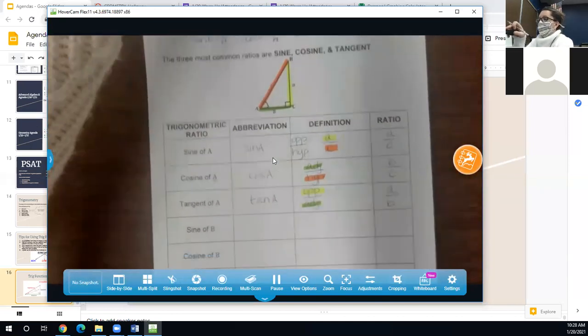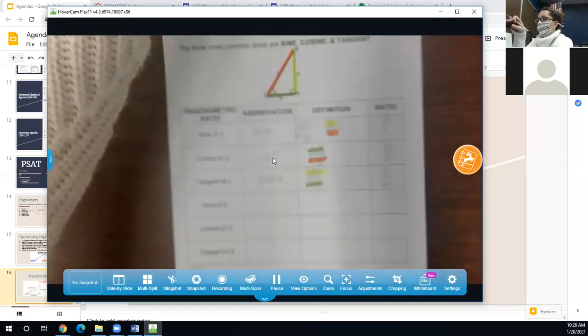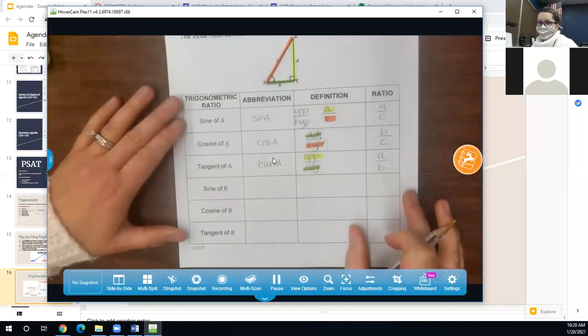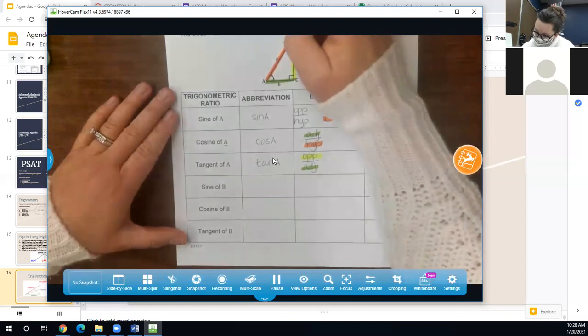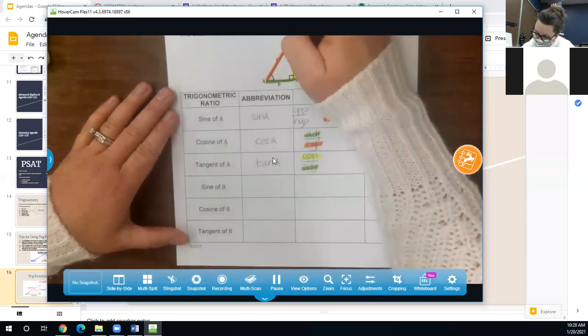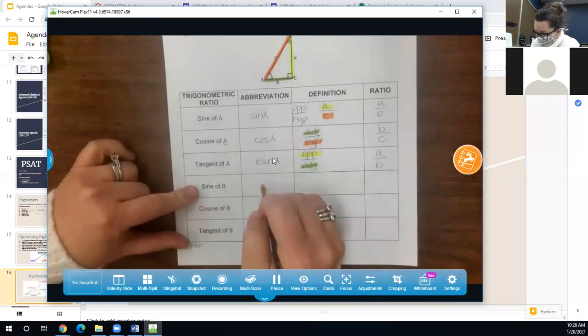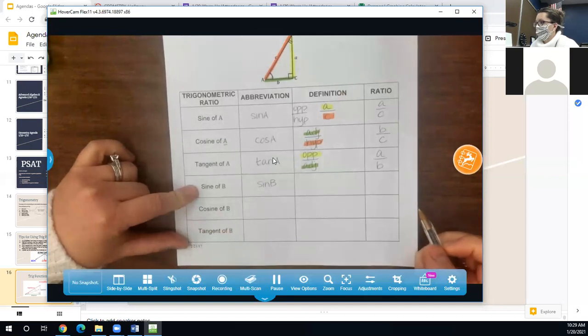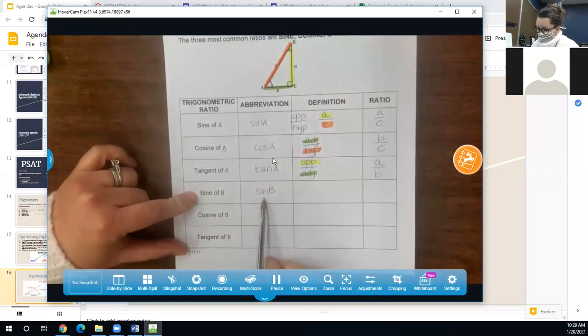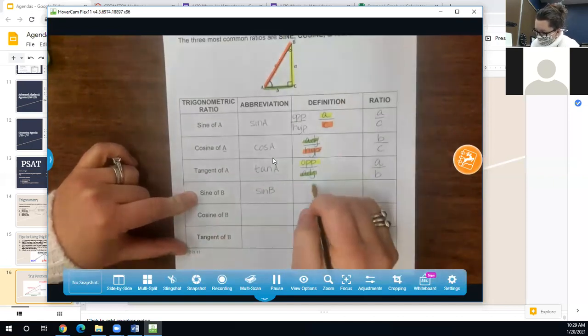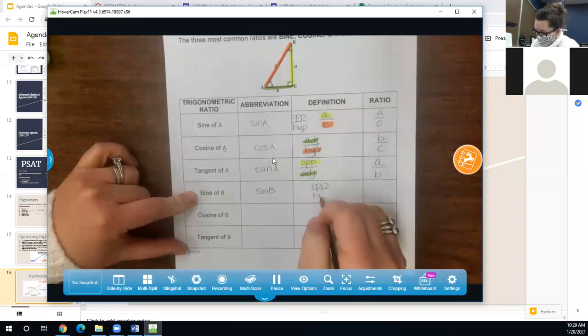It's sine of B. So we have a different angle here, right? So I'm going to start from B this time. So my abbreviation of sine of B is sin B, like that. My definition of sine, remember, is opposite over hypotenuse.